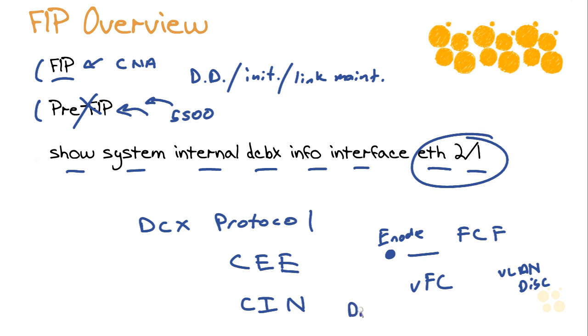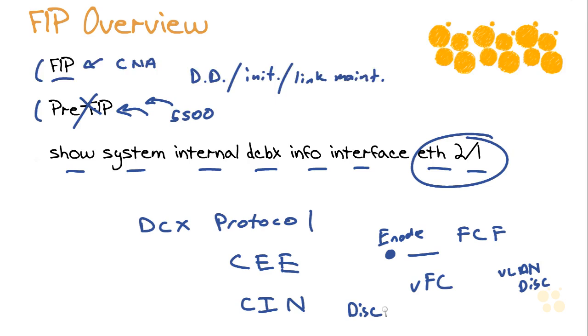Then there's the discovery protocol. A discovery solicitation message is sent out when a Fibre Channel over Ethernet device is connected to the fabric. A Fibre Channel Forwarder or switch responds to this message with a solicited advertisement that provides a Fibre Channel Forwarder MAC address for subsequent logins.